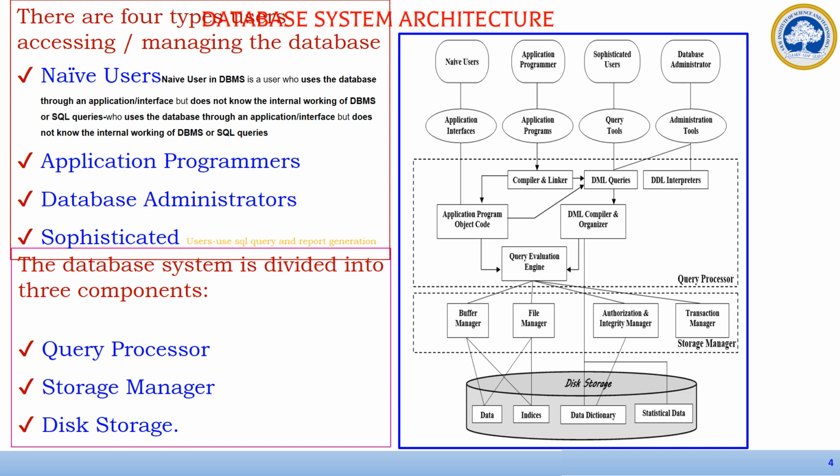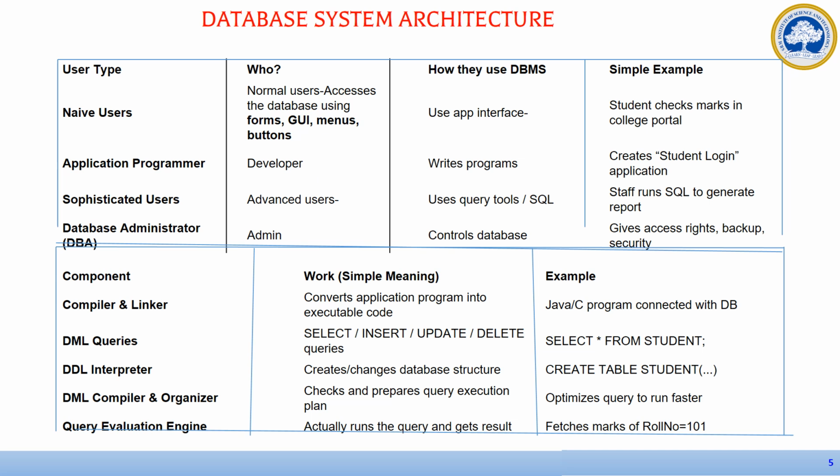A naive user is a user who uses the database through an application or interface, but does not know the internal working of the DBMS or SQL queries. A naive user is a normal user accessing the database using forms, GUI, menus, and buttons through the graphical user interface. A simple example: a student checks marks in the college portal.